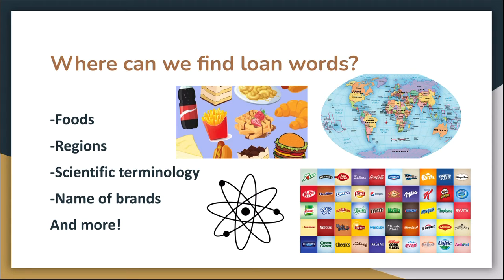So we just use their own name. Also, another common type of loanword I want to tell you about is the name of brands. Brands usually do not change their name because it is their own identity, and their names are very unique, which represents the company. So this one also never changes.